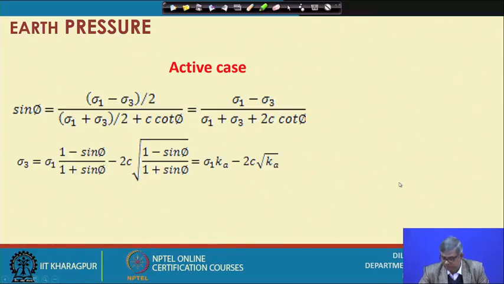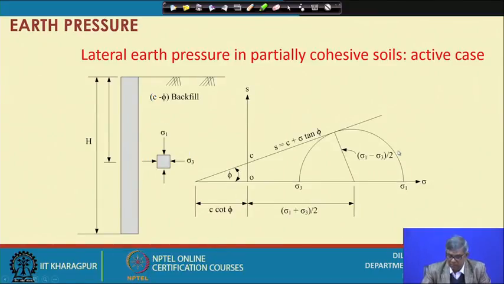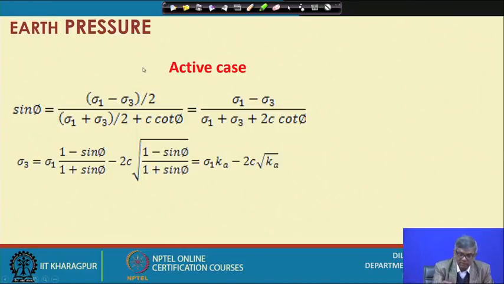This is the radius, and this distance is from the origin to the center of the circle, plus from the origin to the vertex of the triangle, C cot phi.